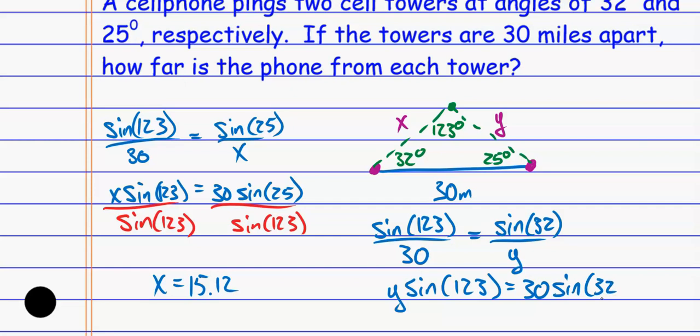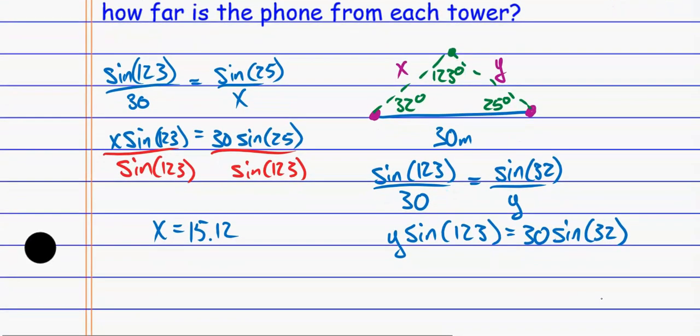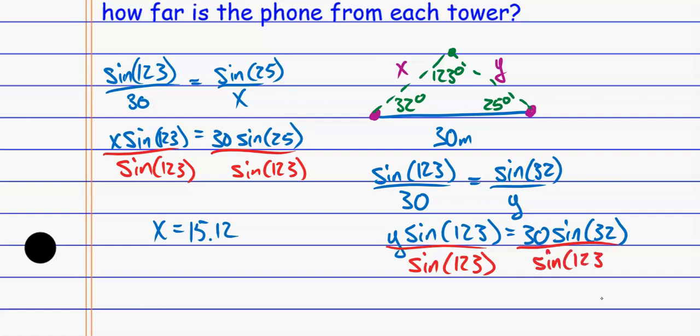And as you're looking at this, when you're doing a couple of them in a row, and it's the same example, hopefully you're looking at this going, I don't really have to go through everything that Mr. Jansen's doing right now. I could simply swap out the sine of 25. In the first example, I did 30 times the sine of 25 divided by the sine of 123.